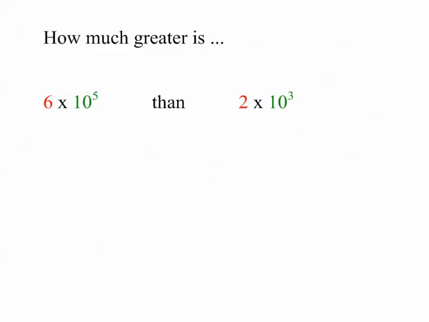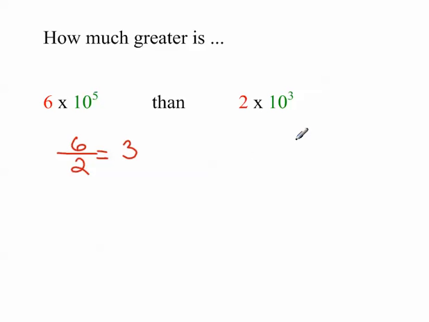So for example, if we are asked how much greater is 6 times 10 to the 5th than 2 times 10 to the 3rd, we're going to start with a comparison of the coefficients. So we will compare 6 to 2 by using division. And we know that 6 divided by 2 is 3, or 6 is 3 times larger than 2.